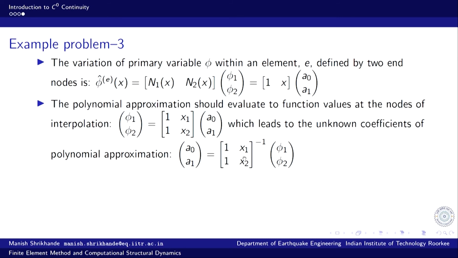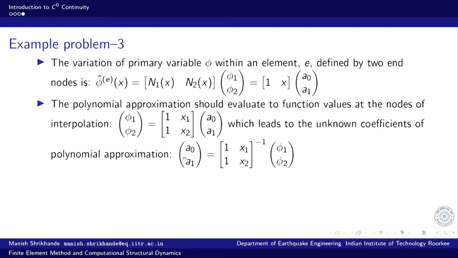As long as the points, node 1 and node 2, are distinct, there is no way this will be singular. This inverse is guaranteed, and a0 and a1 can be identified by the inverse of this coordinate matrix, and phi 1, phi 2 are the function values.